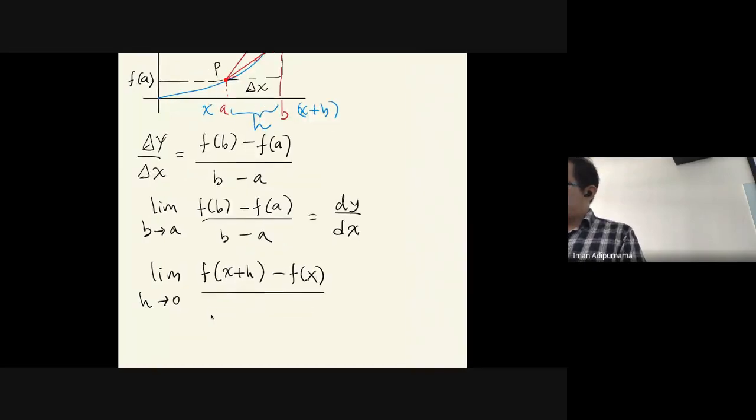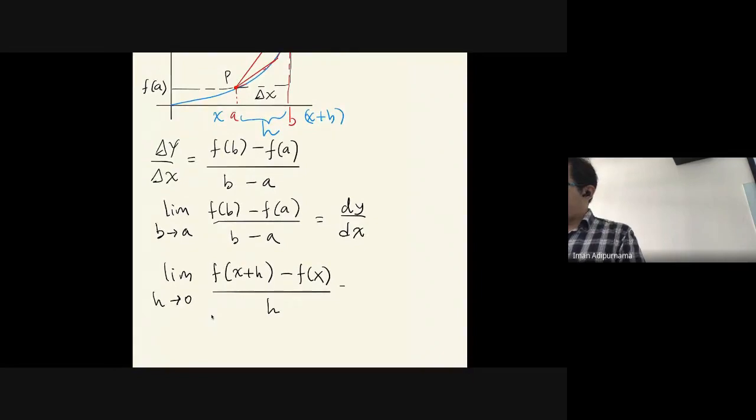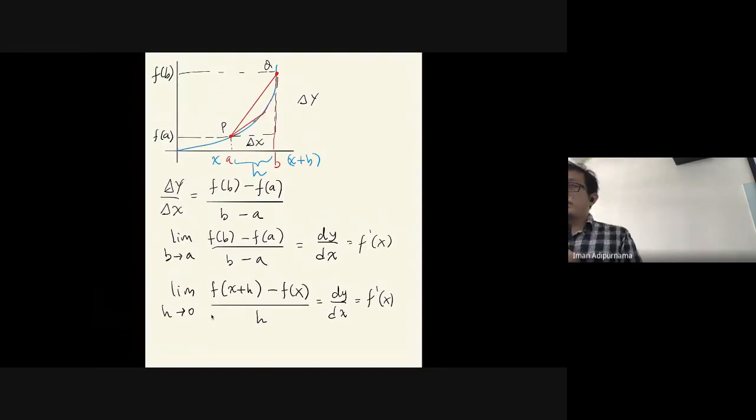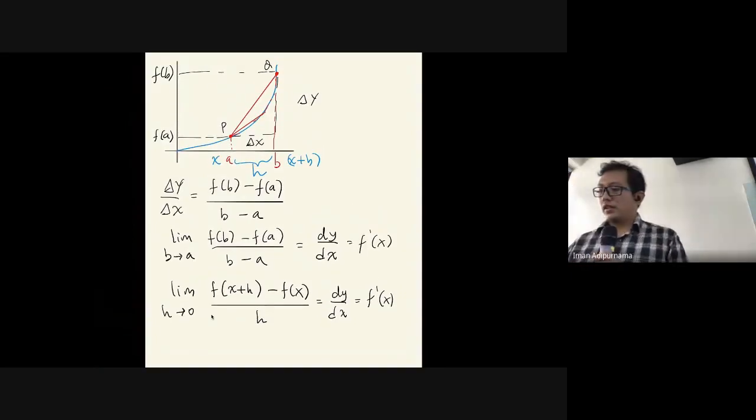Same meaning, same usage, and this is h. This is dy over dx. This is f prime. And you have at least two forms in derivatives.